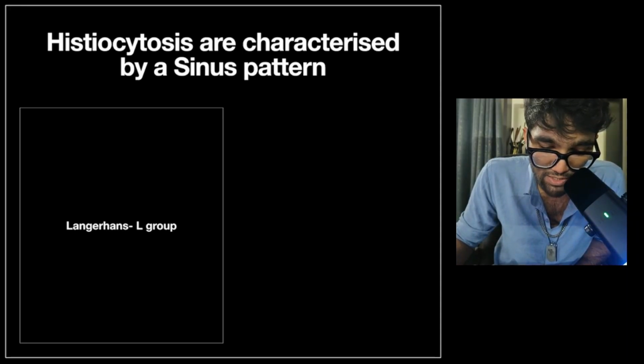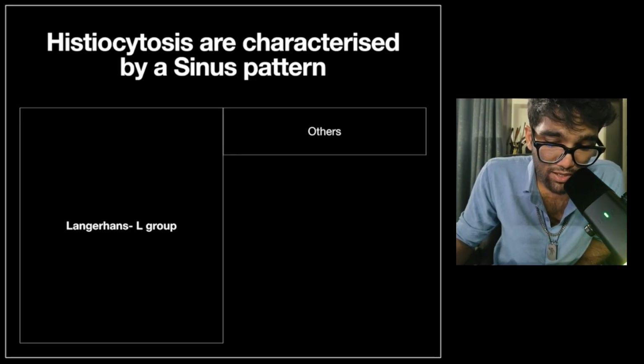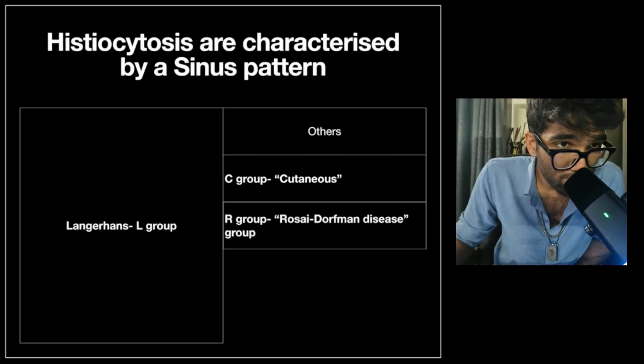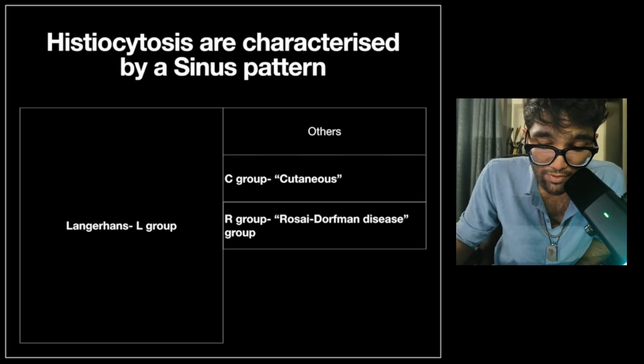So we have the L group histiocytosis, L standing for Langerhans cells, and then other histiocytosis, which includes the C group. C stands for cutaneous. R group, also Rosai-Dorfman, though please note that often more commonly it is cutaneous.